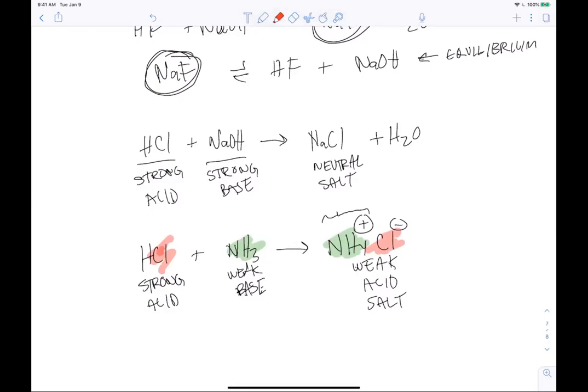Other questions? Can you go over 10 on the homework? I think it's probably from the last unit. So 10 on the homework is, let's see, which of the following is true in pure water at any temperature?